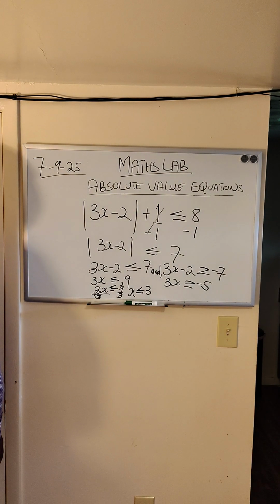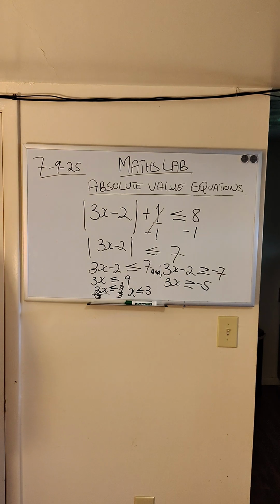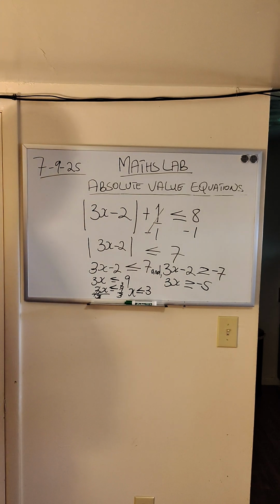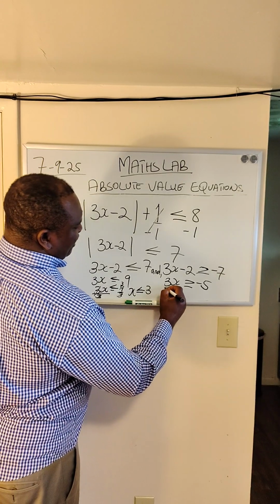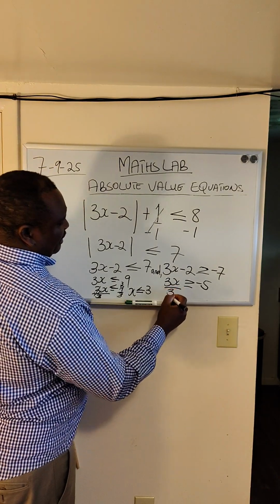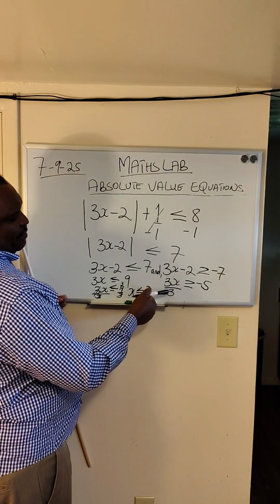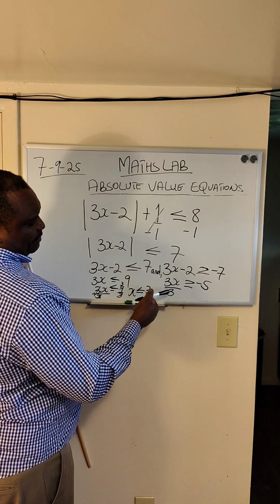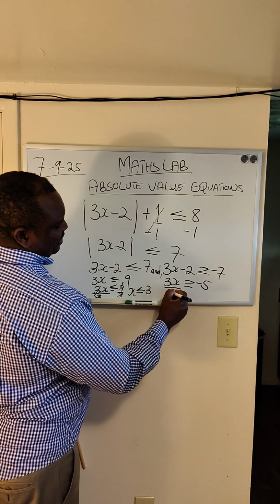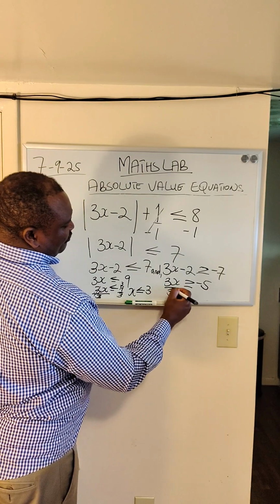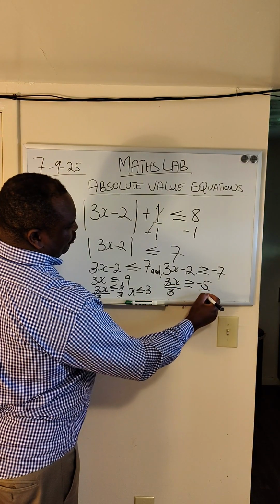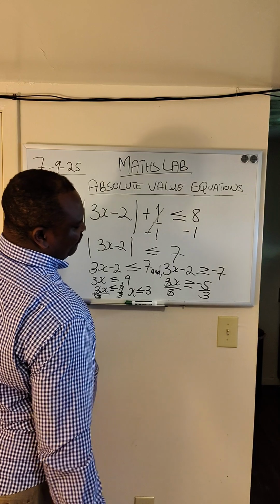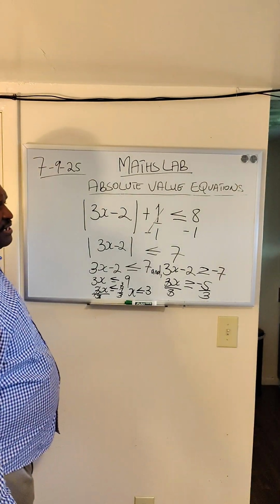And then now we have to solve for x. Remember, every time you solve for x, you have to divide by the coefficient of x. So 3x, we're going to divide that by 3, and we divide the right side by 3 also.